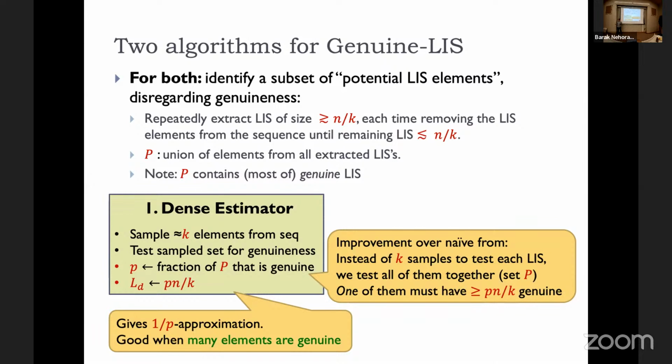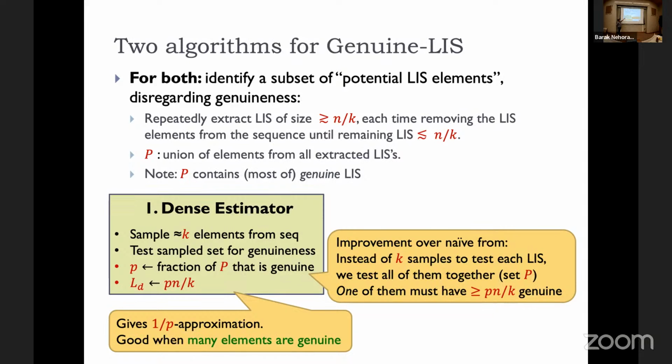But one of them actually has a genuine LIS of about n by k, whereas the output is only p n. So this means that we get an approximation of 1 over p, and this is good as long as p is relatively small, which means that the fraction of genuine elements in our sequence is relatively large.